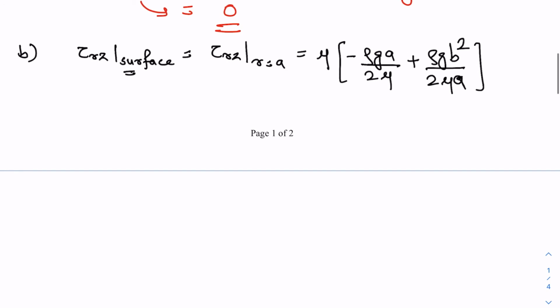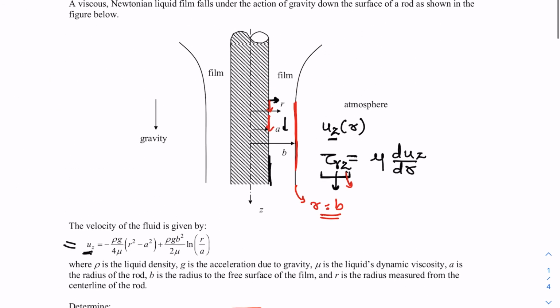Now let's consider a small circular area on this rod of thickness dz.